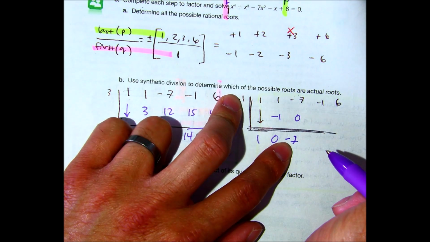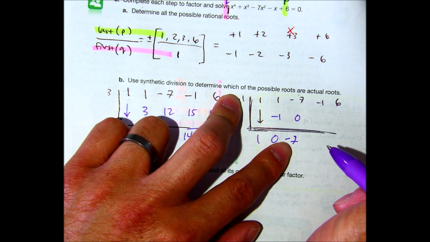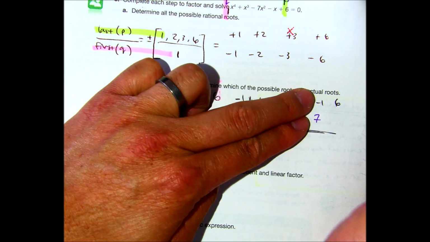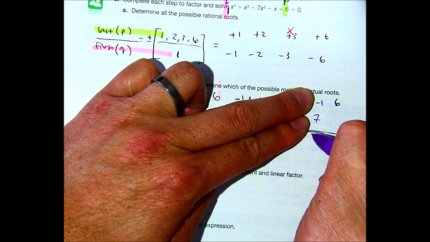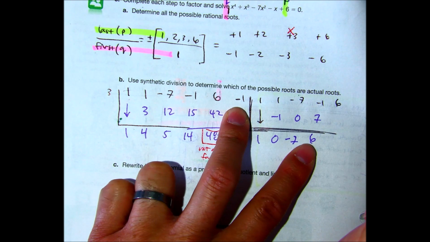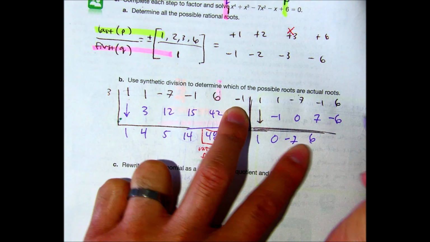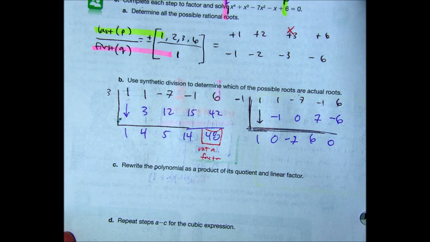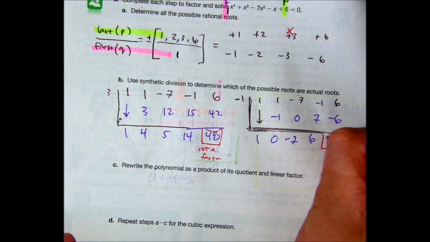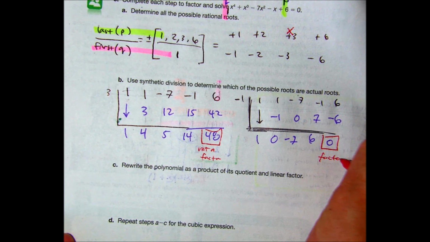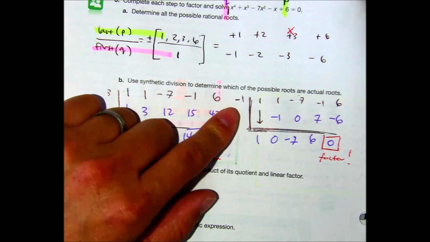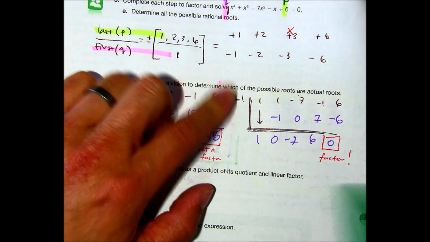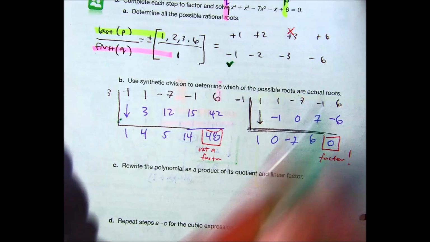Multiply. 7. Positive. Add. 6. Multiply. -6. Add. 0. That means x equals -1 is a factor. Okay.